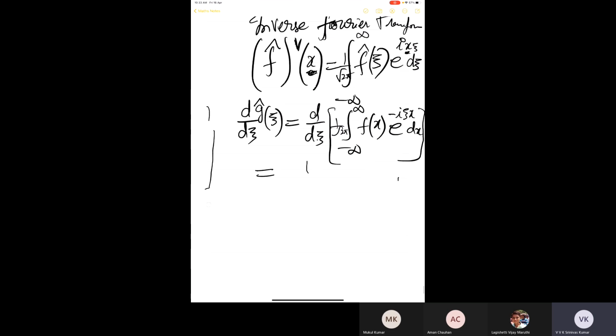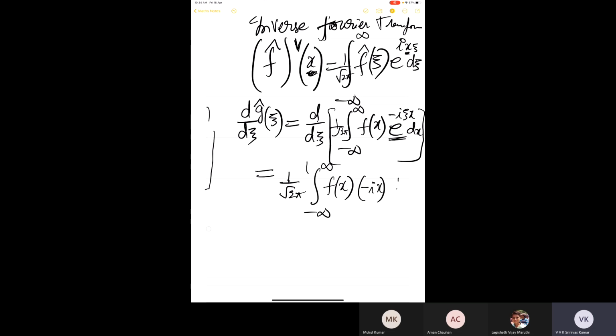So this is equal to 1 upon square root of 2 pi, the integral. f is independent of xi, so the derivative will fall upon this function. What is the derivative of exponential minus i xi x with respect to xi? Minus i x will come here and exponential minus i xi x dx. Sorry, it is minus i x.